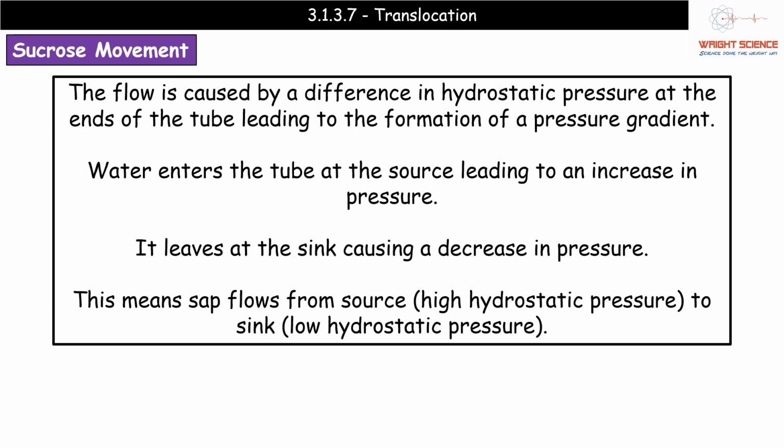So in simple terms, at the source, water is going to be entering the tube, and that's going to cause an increase in pressure. If we then go to the sink, we see a decrease in pressure because water is going to be leaving at that point. So our source will always have a higher pressure than the sink. So the sap is always going to flow from the high hydrostatic pressure, the source, to the low hydrostatic pressure, the sink.